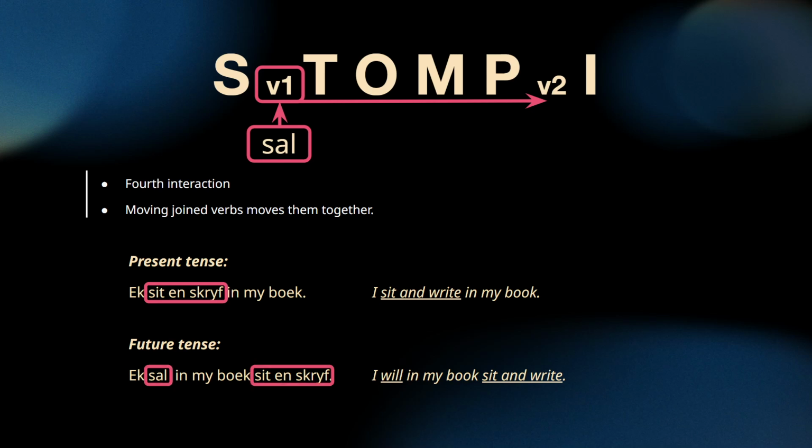So in the future tense, sal being my first verb, I then move my joined verbs, my double verbs, together into verb 2 as if they were the same verb. Now, of course, there's still two separate verbs. There's three separate words, but we just treat them as one for the purposes of moving them to my second verb position. Ek sal in my boek sit en skryf. I will in my book sit and write, or I will sit and write in my book.